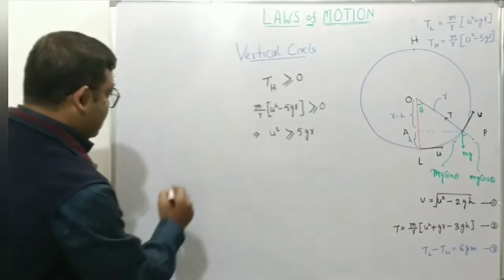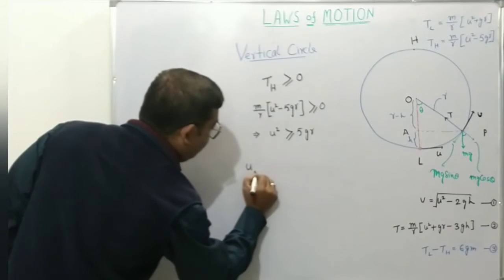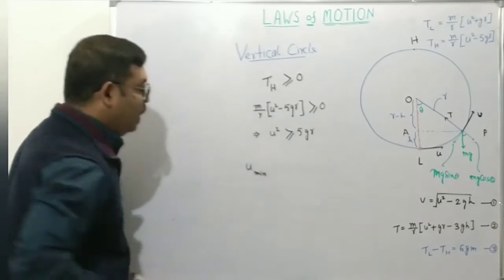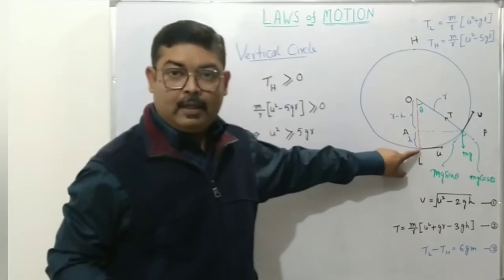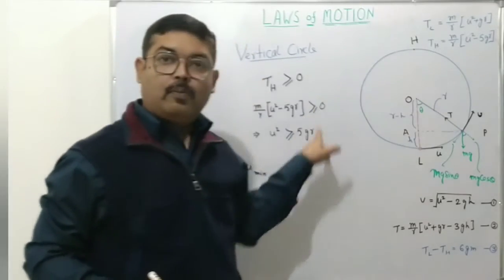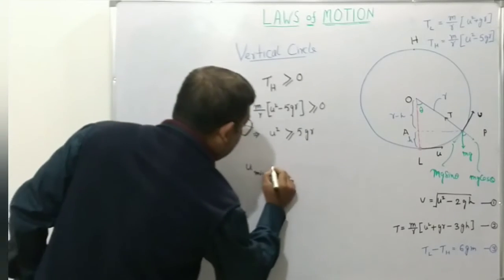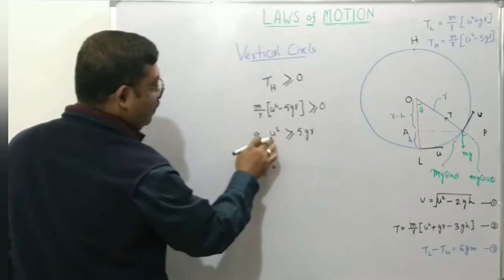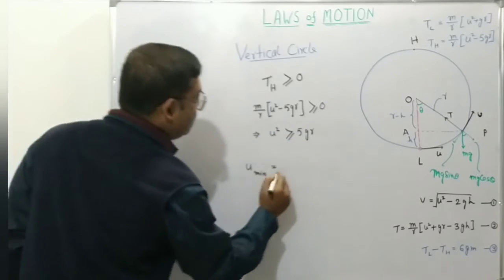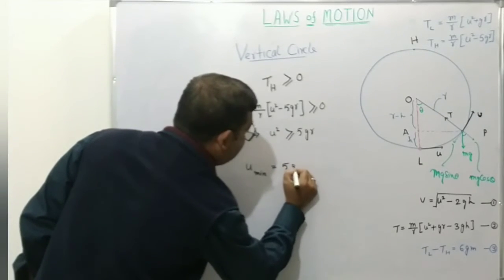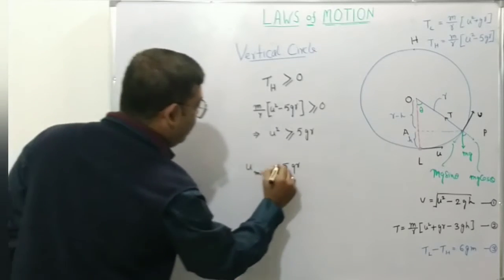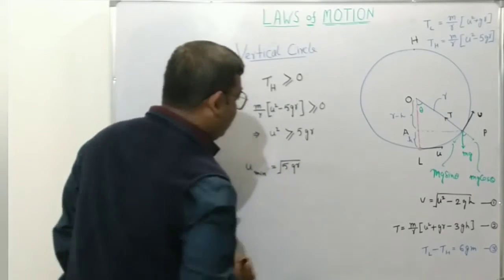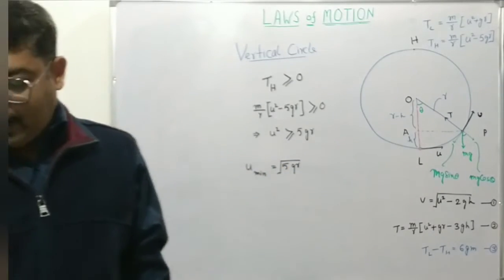Thus, u minimum, that is the minimum velocity to be imparted at this point for the object to be able to complete the vertical circle, will be, because the minimum value u square can have is equal to 5gr, so minimum value of u will be root over 5gr.